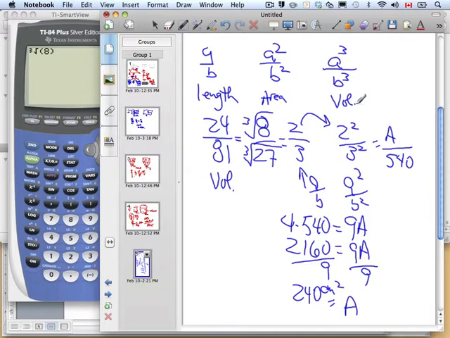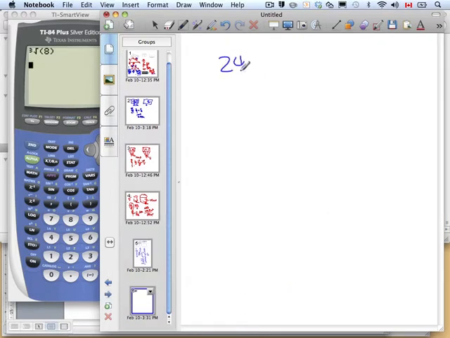So if I'm going to take 240 centimeters squared and change it to millimeters squared, again, I'm going to use this idea of proportions. I know that 1 centimeter is 10 millimeters. Those are linear.